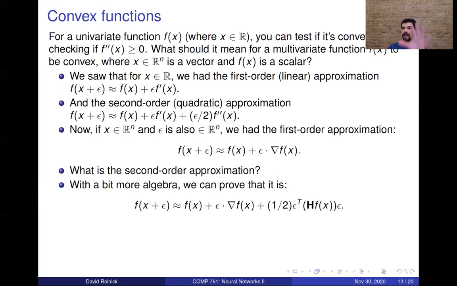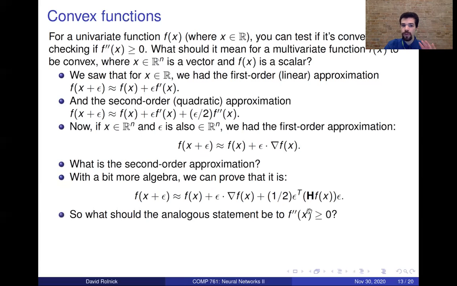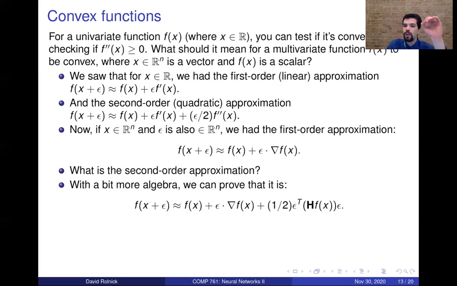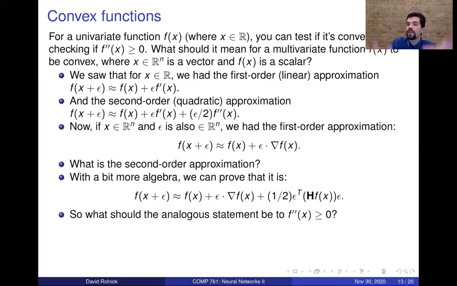But in order to make the dimensions line up, this is what you have to do. And you can prove it with some more algebra. This is exactly correct. I'm not going to go through the algebra, but it's similar to what we did with the gradient to show that the first order approximation with the gradient was valid.